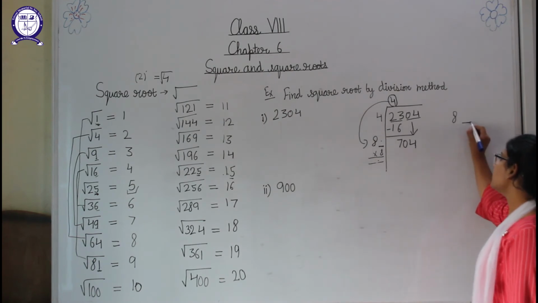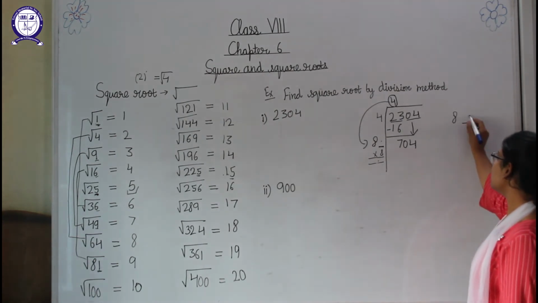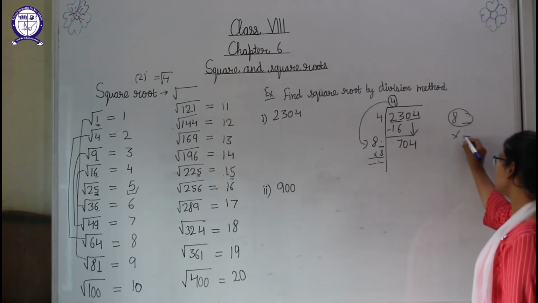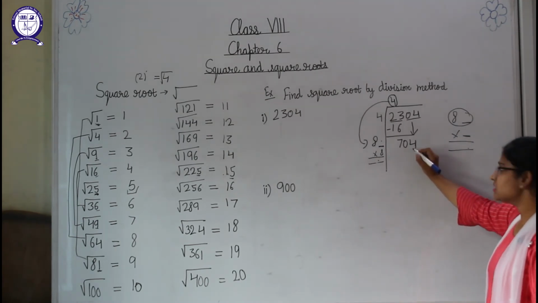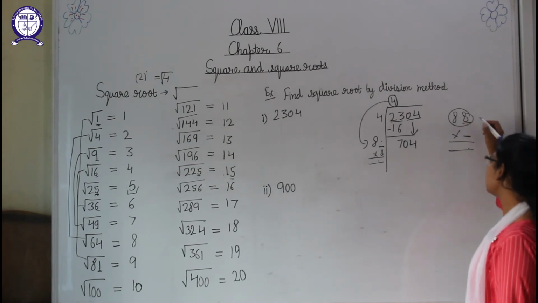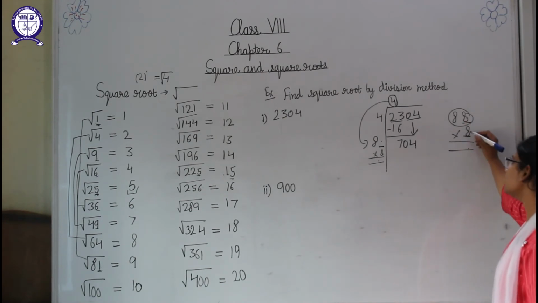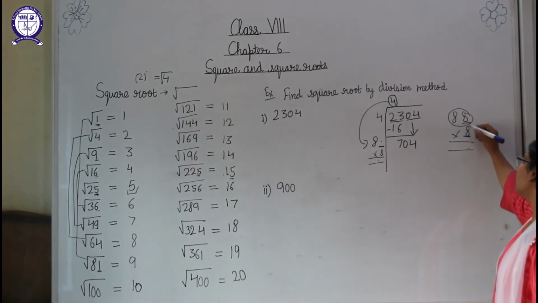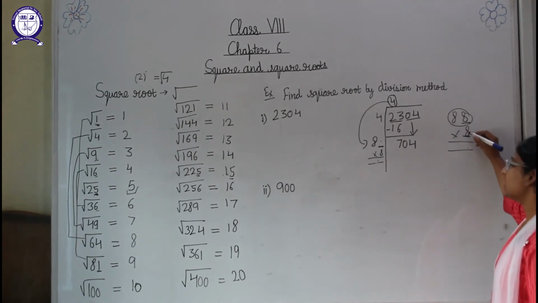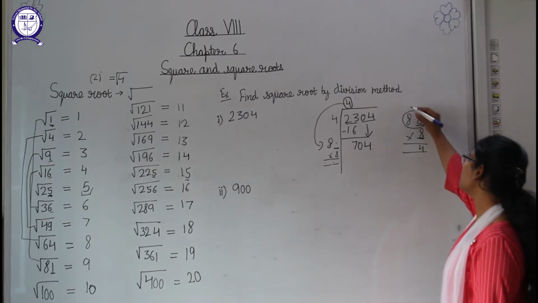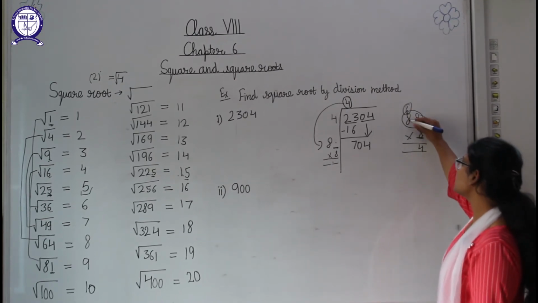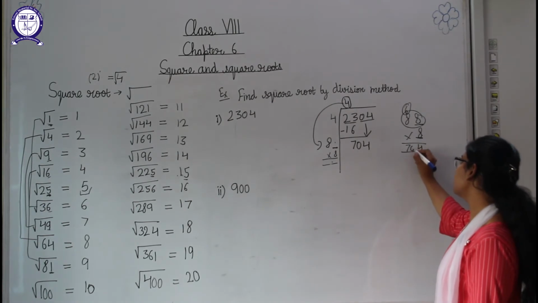Now we will think of a number and multiply these two with that same number only to get our answer. Here 704 is with us. Suppose I am writing here 8, so I will write 8 here also. Both the numbers should be the same, 8 and 8. Now 88 multiplied by 8, what will be the answer? 8 8s is 64, 6 is the carry. Now 8 8s is 64 and 64 plus 6 is 70.